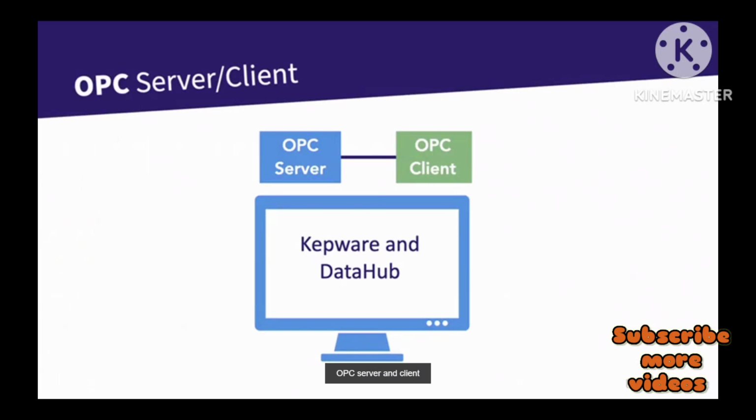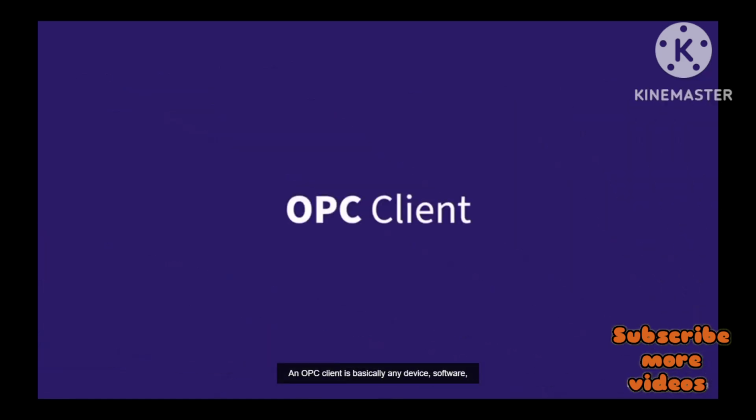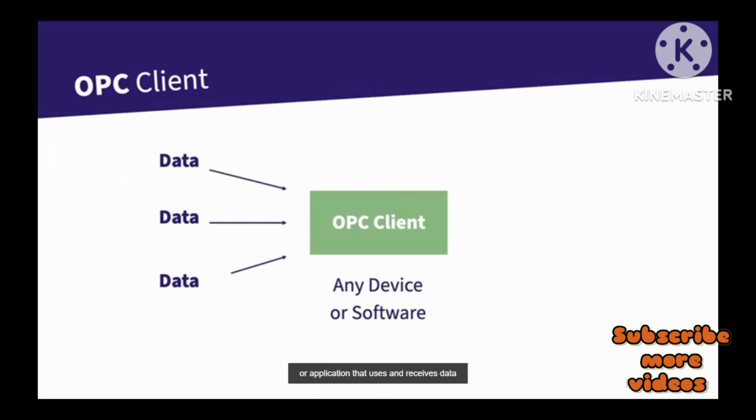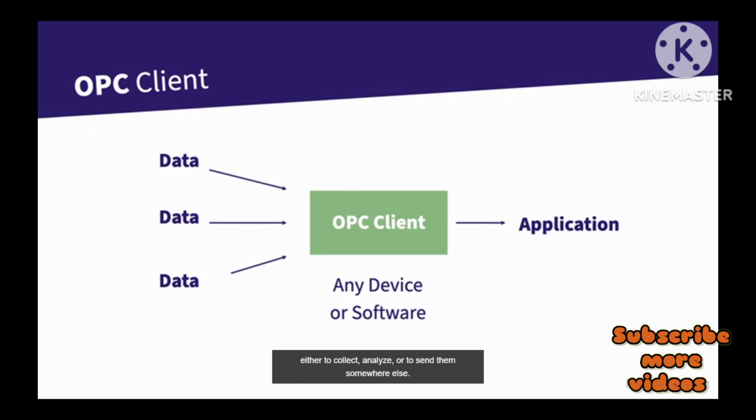OPC server and client can be within the same computer locally or between two computers remotely using a network or internet. An OPC client is basically any device, software, or application that uses and receives data, either to collect, analyze, or to send them somewhere else.